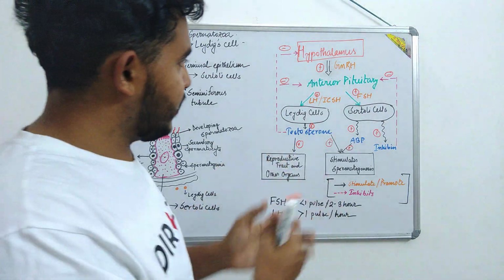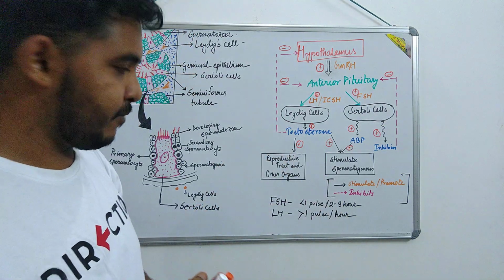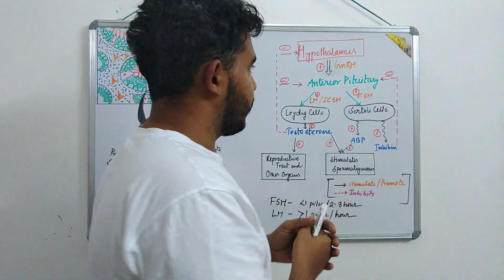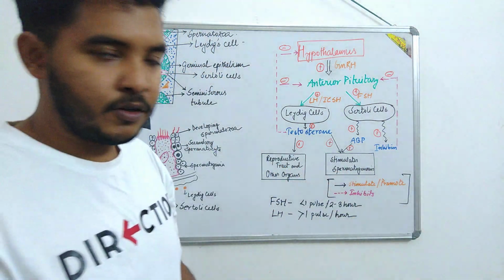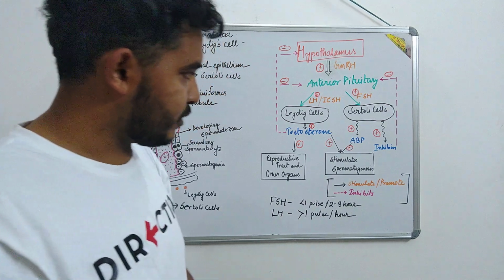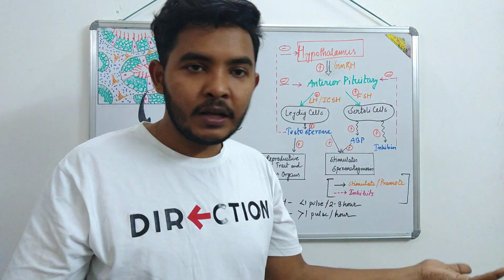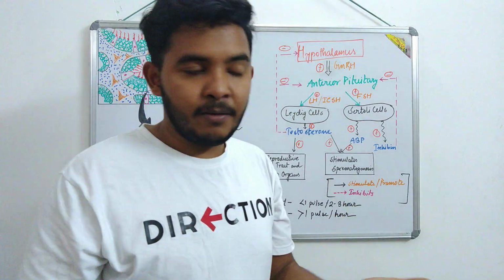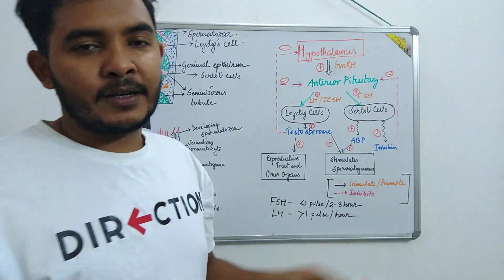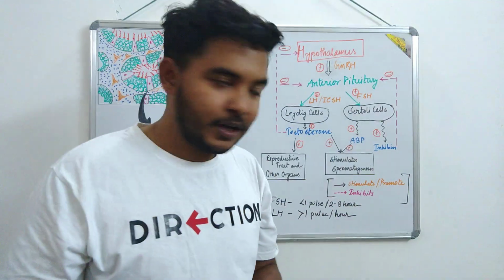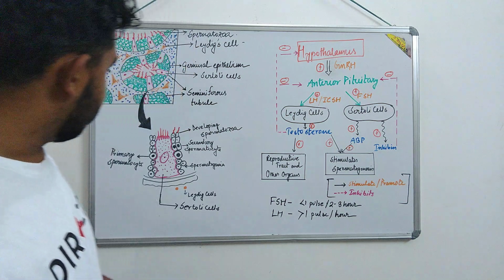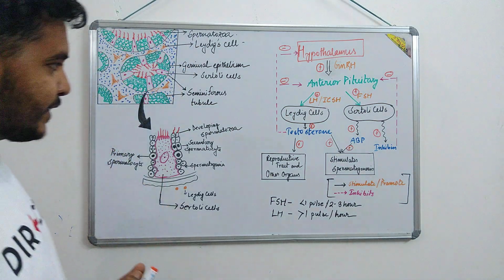So that's it. You can go through it several times. I think it will help, and in your exam you can also put it. Just draw this diagram in blue and black color, whatever you want. As there is not that much time available, you just simply describe it in a little way. And these are the Leydig cells.